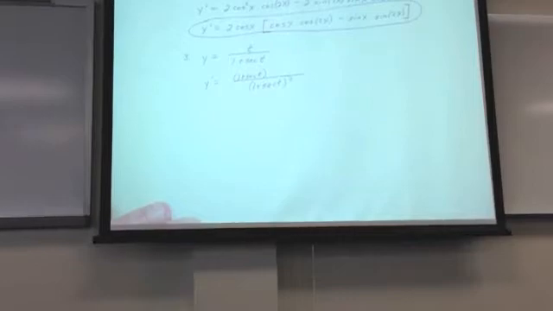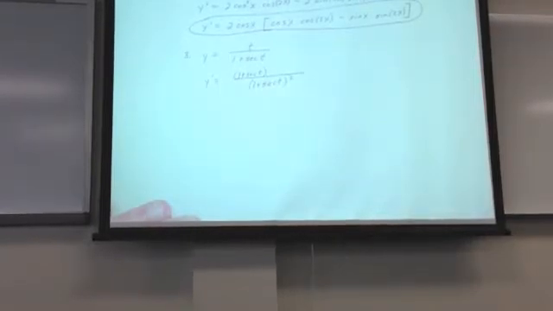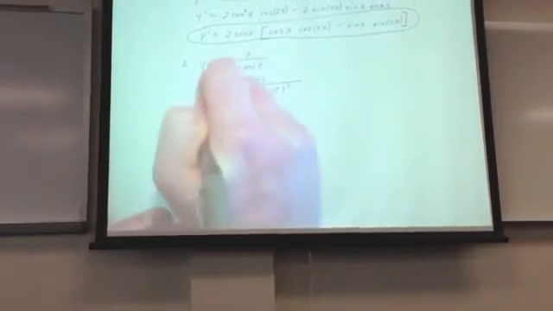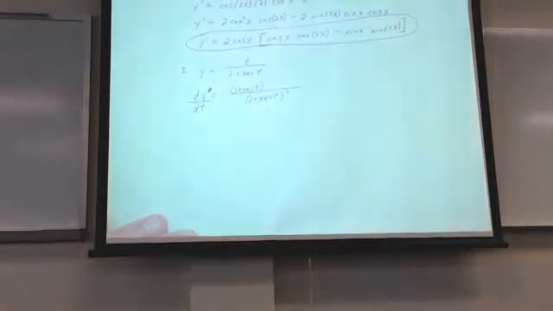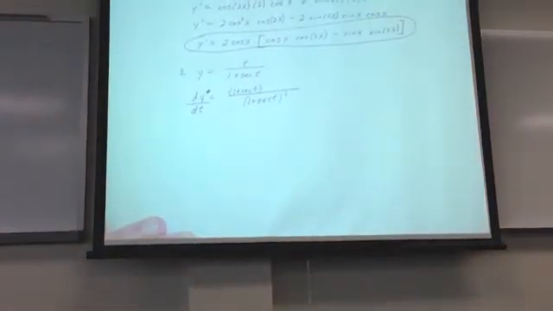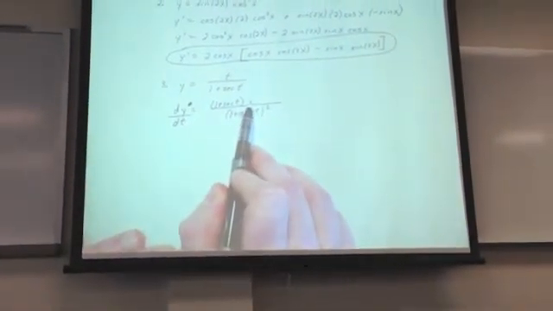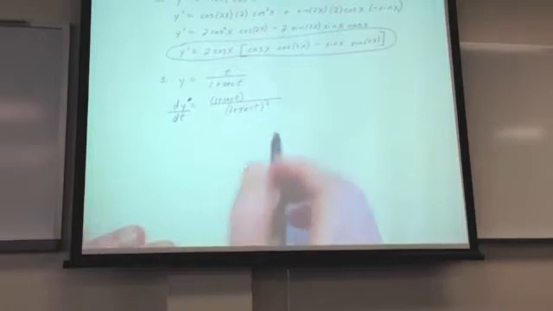Because typically y prime is reserved just to represent dy dx. I should, if I'm trying to be neat, and I am trying to be, just not very successfully, say that this is dy dt. This is the derivative of y with respect to t. And so now, when I say, well, the derivative of the numerator, derivative of t with respect to t is 1.